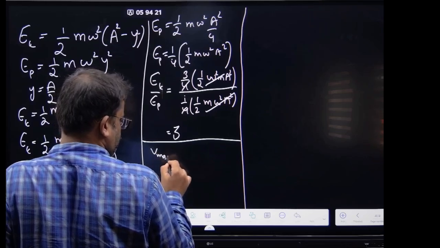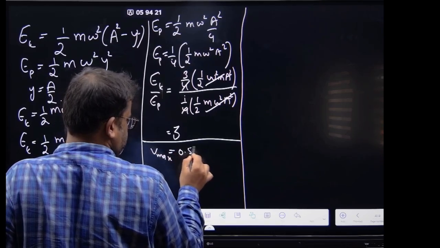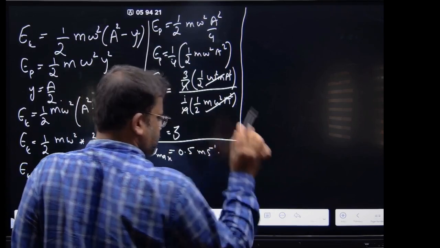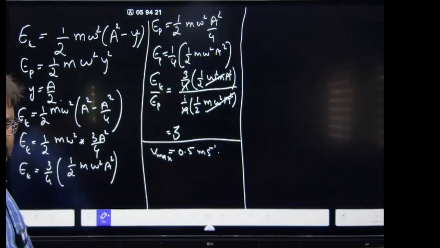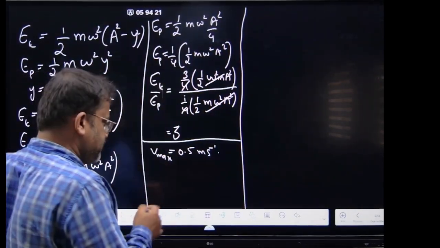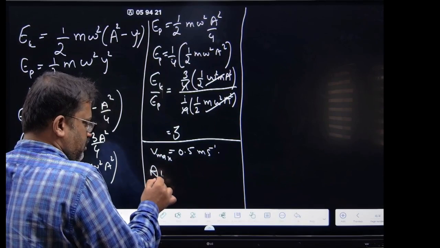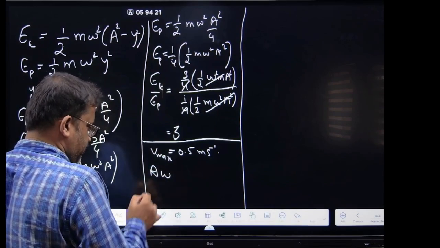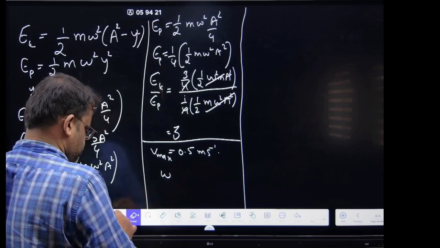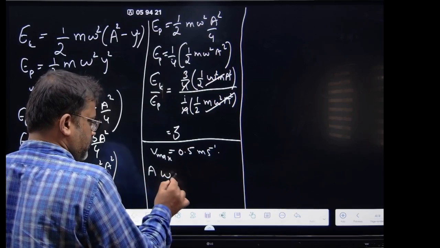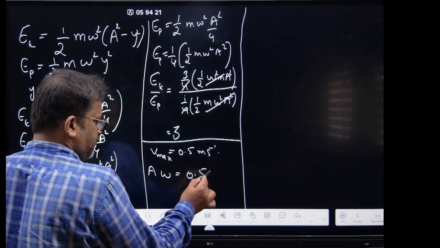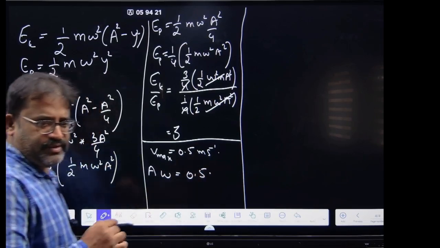That means V max is equal to 0.5 meter per second. Correct? But what is V max? V max is nothing but A omega, where A is amplitude, equal to 0.5 meter per second.